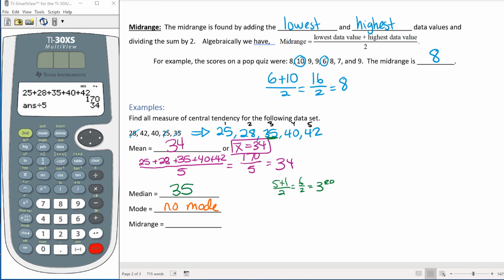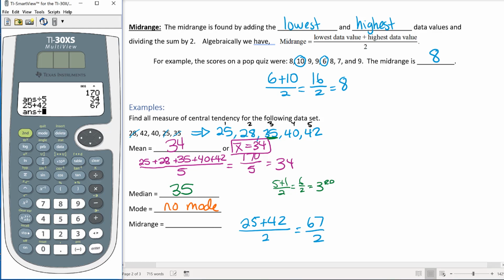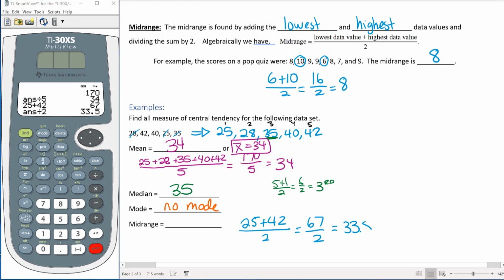And lastly, the mid-range. I'm going to take the highest value and the lowest value, add them up, and divide by 2. Very similar to the mean, except you're only using the top and the bottom. So 25 plus 42 divided by 2. In my calculator, 25 plus 42 gets me 67, and 67 divided by 2 is 33.5.